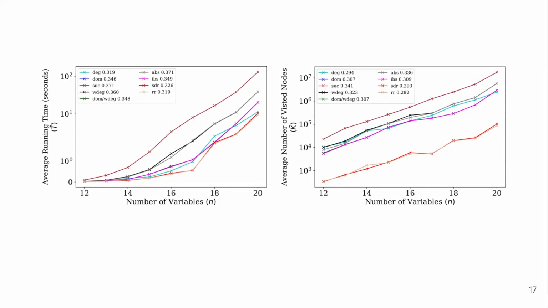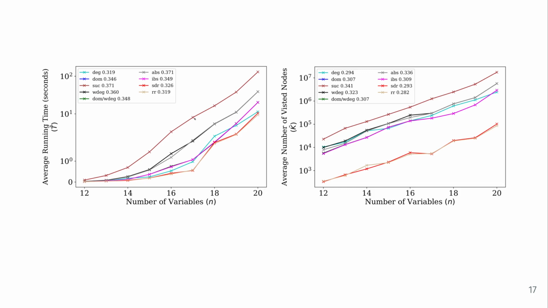Because we used a very basic framework for experimentation, we did not have the opportunity to test on instances with a large number of variables. Here we analyze the trend of each algorithm when the number of variables increased from 12 to 20, as an indicator of what might be happening when the number of variables is large. So there are 2 plots here. On the left, we have a plot with average running time as the y-axis and number of variables as the x-axis.